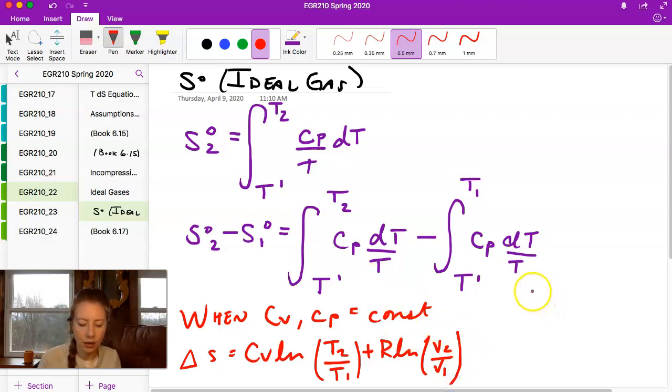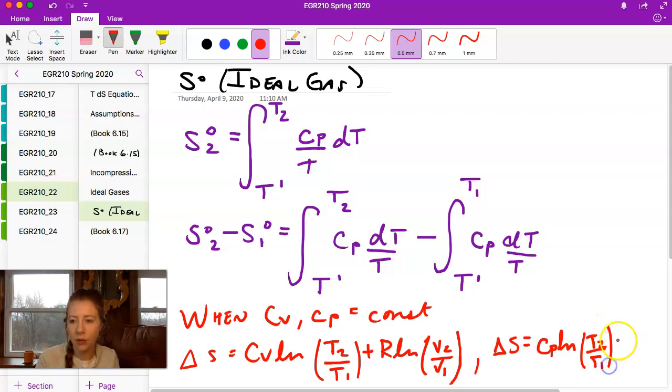And then you also get delta S is Cp times the natural log of T2 over T1 minus R times the natural log of P2 over P1.